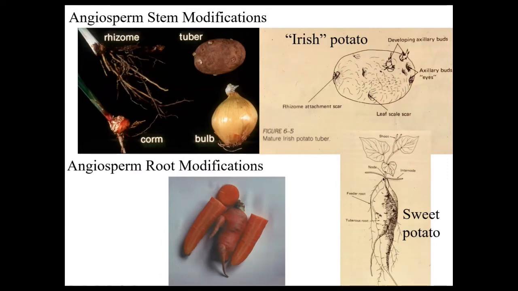The stem that joins here does have buds coming off of it, but anyway. All right, so they have one thing in common. They both are storage organs. And sweet potatoes are in the morning glory family, whereas Irish potatoes are in the Solanaceae, which are two families that aren't that far apart taxonomically.